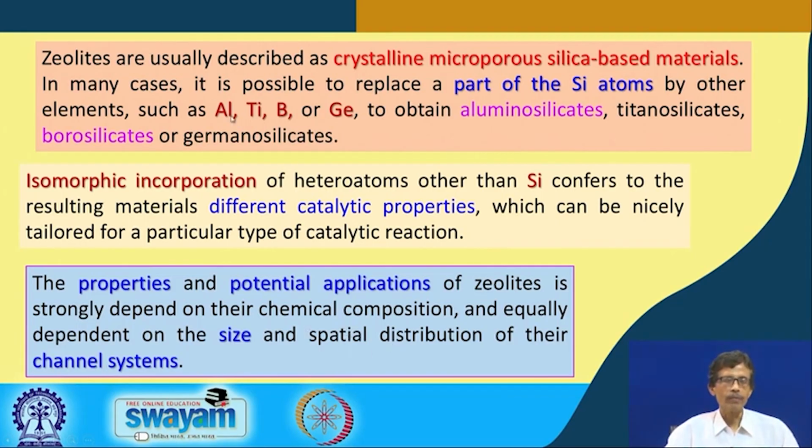That is why we are very much interested to know what the corresponding property of these zeolites should be if we substitute by aluminum, by titanium, by boron or by germanium. So, the chemical composition is always important. That is why in the 3-dimensional structure we have seen 3 types of these zeolites, and structurally, some of these positions are occupied by, say, titanium, which is a 3d series transition metal ion.